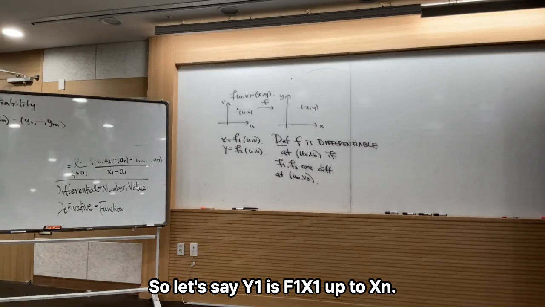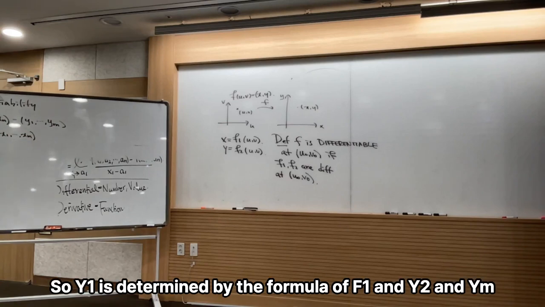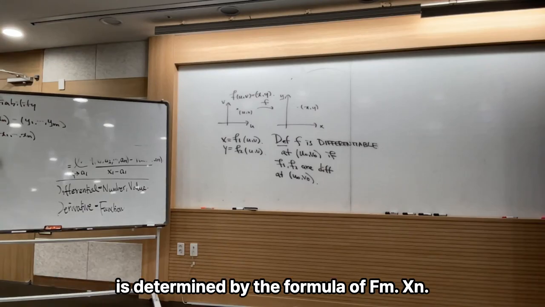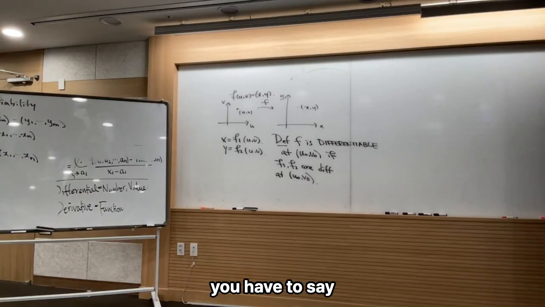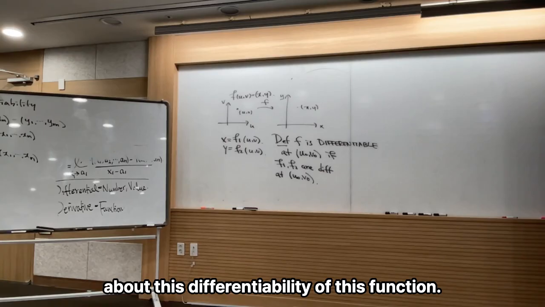Let's say y1 is f1(x1, ..., xn). So y1 is determined by the formula of f1, and y2 up to ym are determined by the formulas of functions f2 up to fm of x1 up to xn. And when you want to say the function is differentiable, you have to talk about the differentiability of these functions.